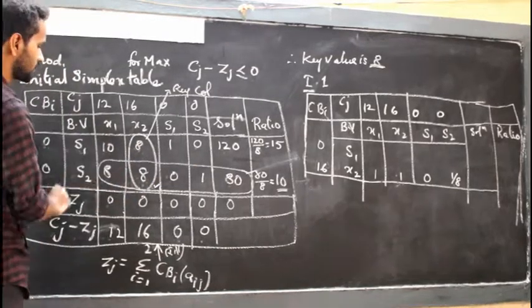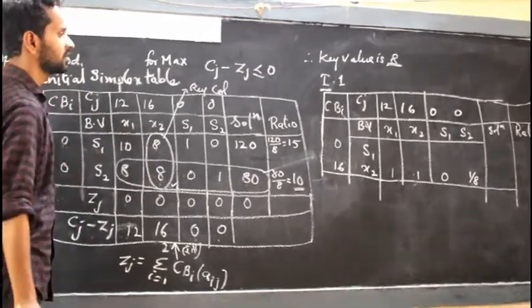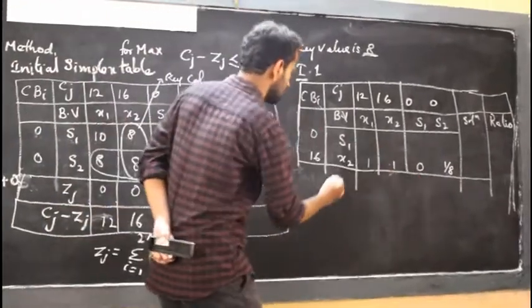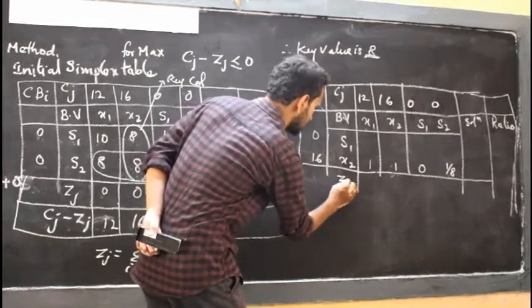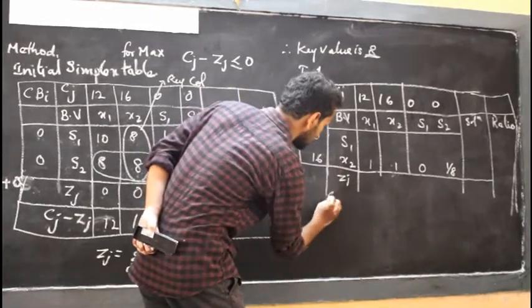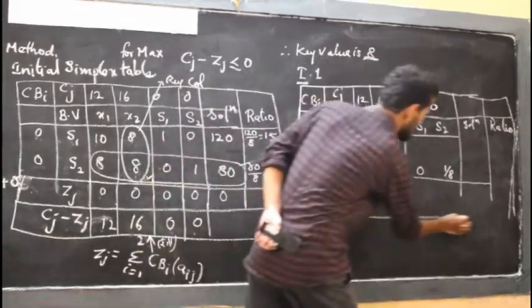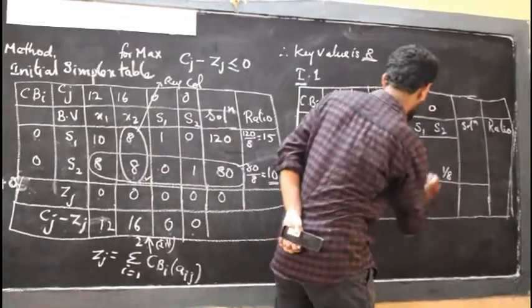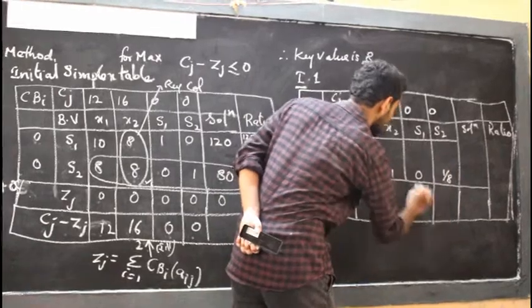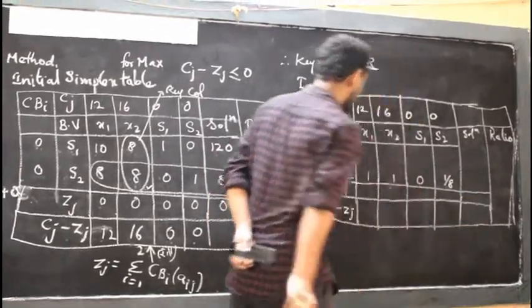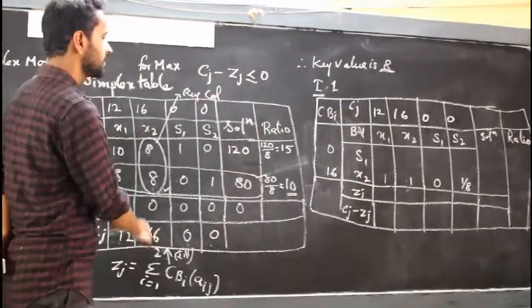I need to use a particular formula to find a new value. Let me complete this table: Zj, then Cj minus Zj. So this is my complete requirement for my first iteration. Is it clear? Now I need to go for finding a new value.